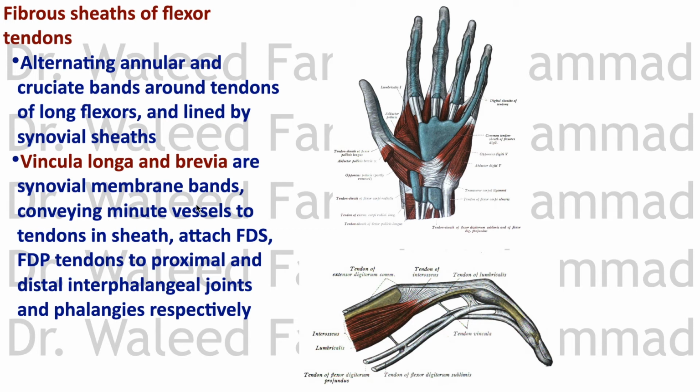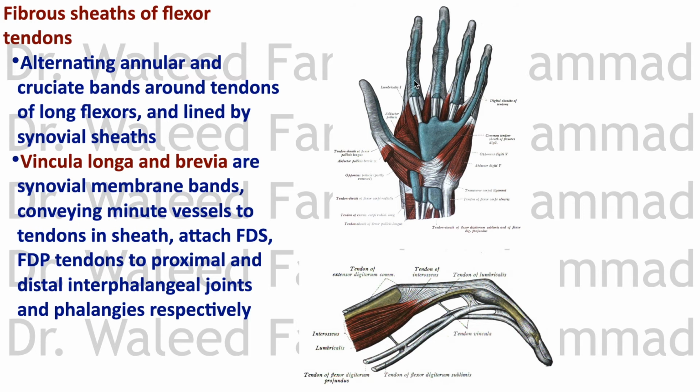Now, the fibrous sheaths of the flexor tendons, the same as in the foot, have alternating fibers of transverse and X-shaped fibers, as you can see, forming tunnels for the tendons of the long flexor muscles, and the tendons are surrounded by synovial sheath inside the tunnel of the fibrous flexor sheath.